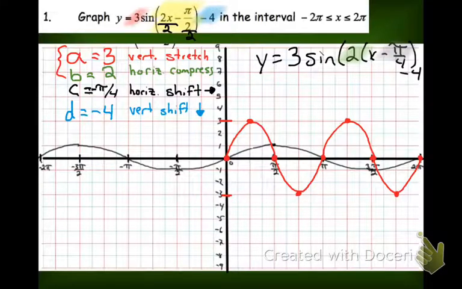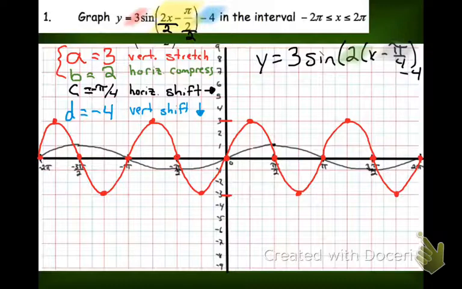And I have to remember that I need to go backwards as well, because the problem says from negative 2 pi to positive 2 pi. So I need to do both sides here. Okay, so that takes care of A and B.